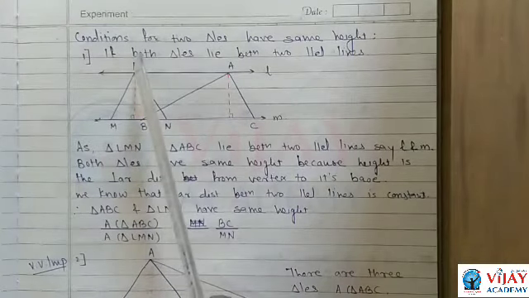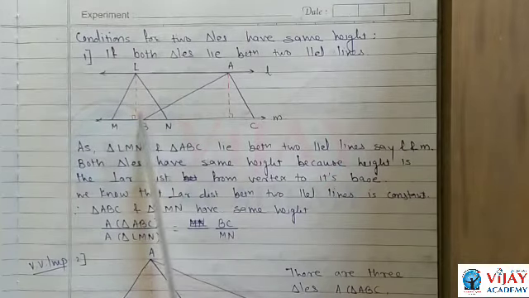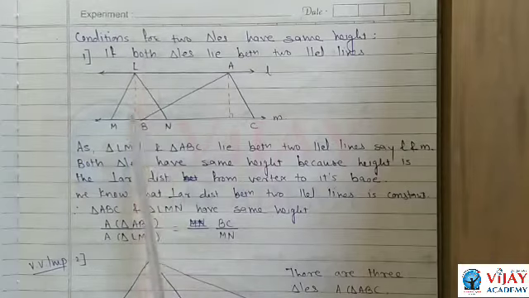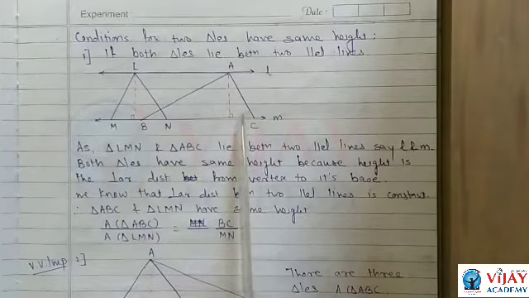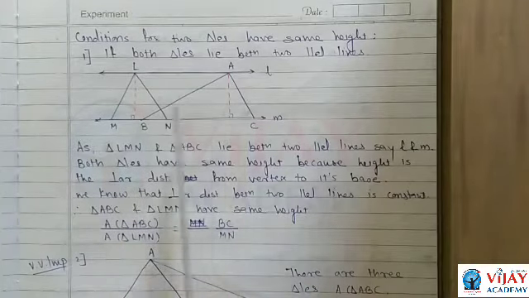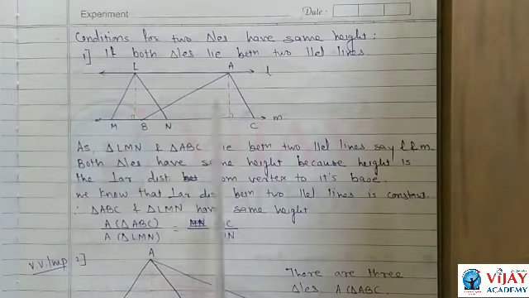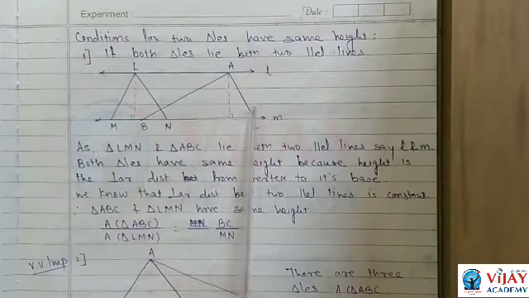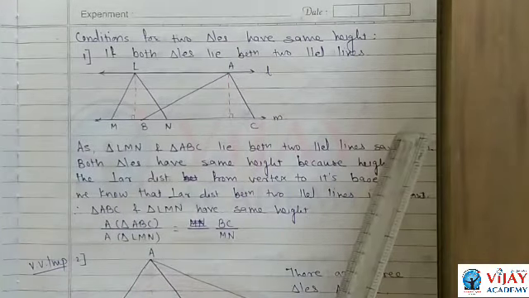Means in triangle LMN, you can take LP as the height and AQ as the height, means altitudes are there, and these are the perpendicular distances. In case of parallel lines, the perpendicular distance is the same, and both the triangles lie between two parallel lines, so both triangles have the same height.